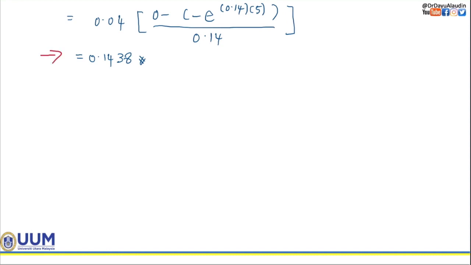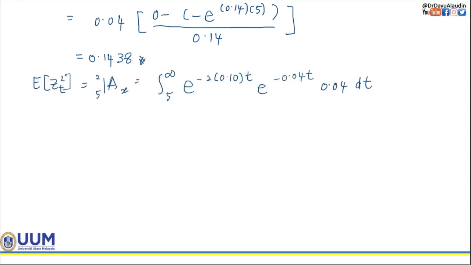Now we want to calculate the variance. First of all, we find E of Z squared t. For this one, we use 2 delta t, so e to the negative 2 delta t for Z squared t. The rest is the same.